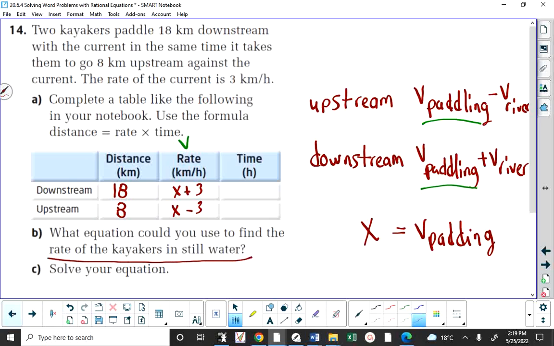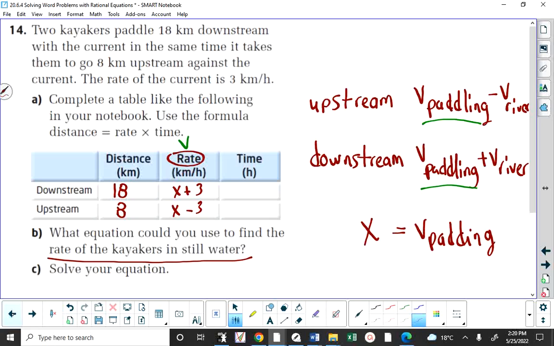You might have to use a bit of common sense here, but when I say what is the speed that they would move at in still water, that's the speed that they can paddle at, because the water's not moving. It's not affecting their motion. The time then will be, I really don't like this word rate. I would go with speed. And I don't know if I've been writing S for speed or V for speed.